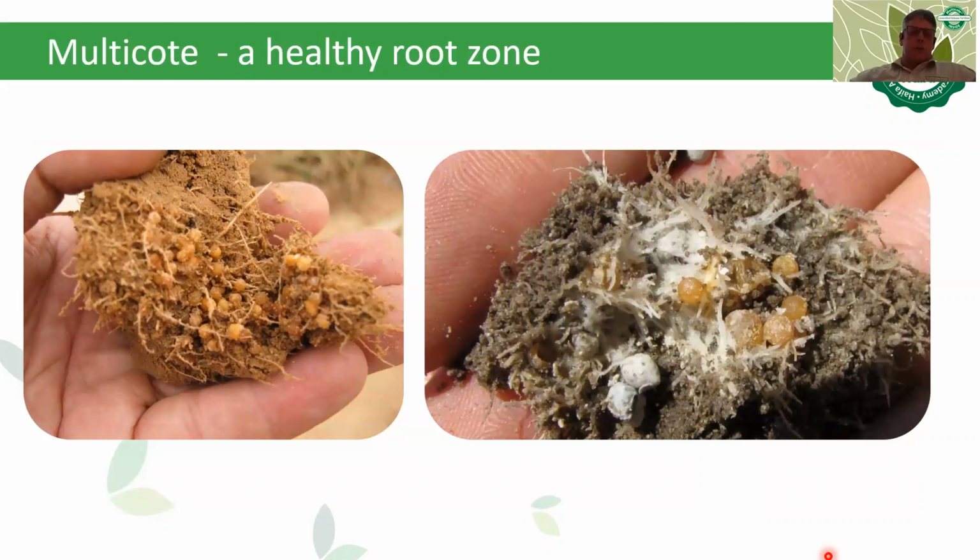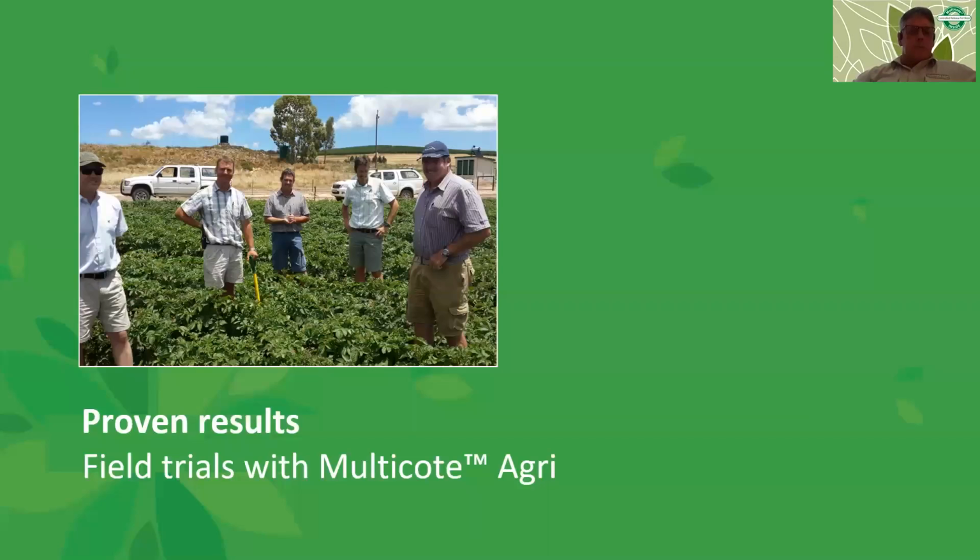So Multicote is in the root zone. It's a healthy root zone, and you can see your fine root hairs there. You can see how the mycorrhiza and your soil microbes enjoy the Multicote, because as long as that fertilizer is in that granule, it has no effect on the soil around it. All right, some results, and I see my time is running out.